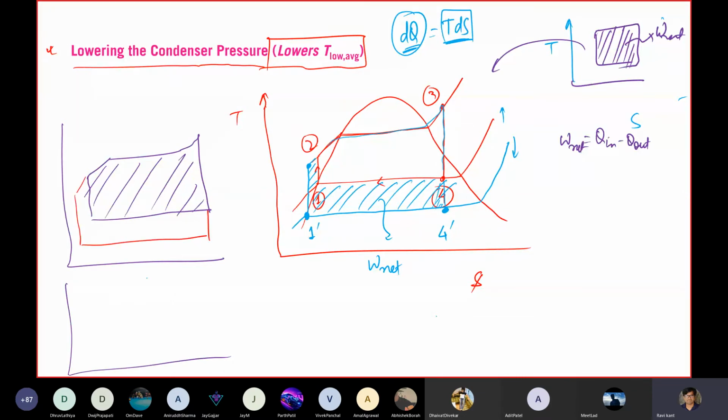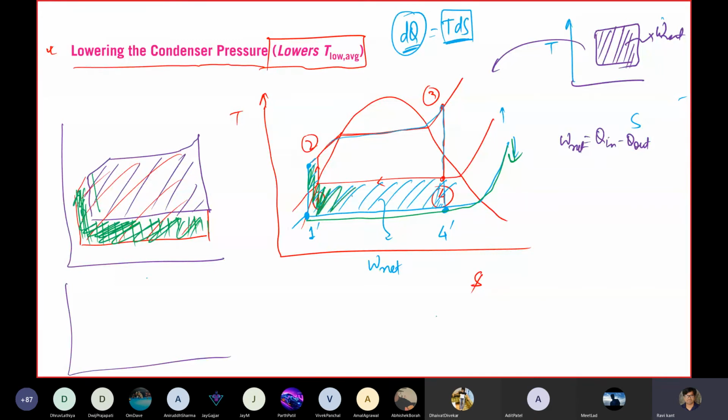This whole was bigger. So how much extra net work am I getting? This one is the extra work I am getting if I am lowering the temperature. Understood? This green one.